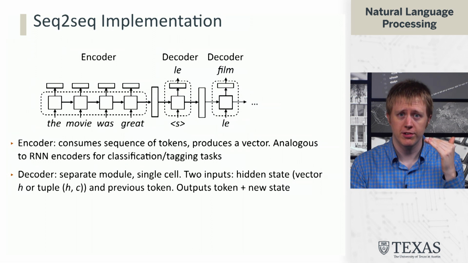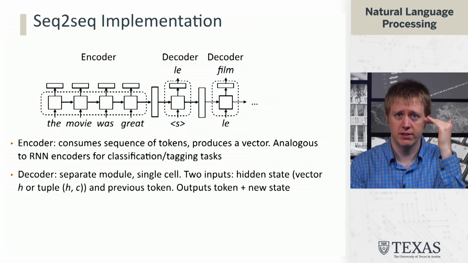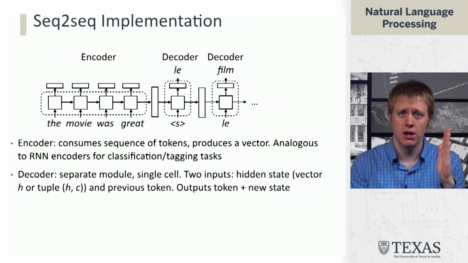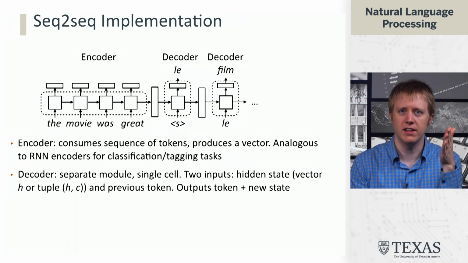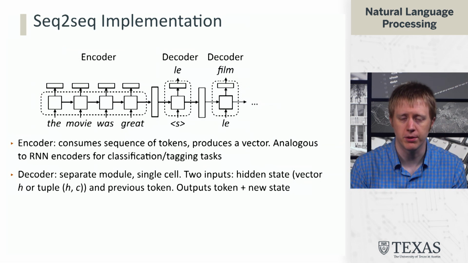And then it outputs two things. It outputs the predicted token and also a new decoder state that we're going to feed to the next time step. The reason we're not thinking of this as one module is because we're going to need to evaluate it at each step to actually get this prediction.